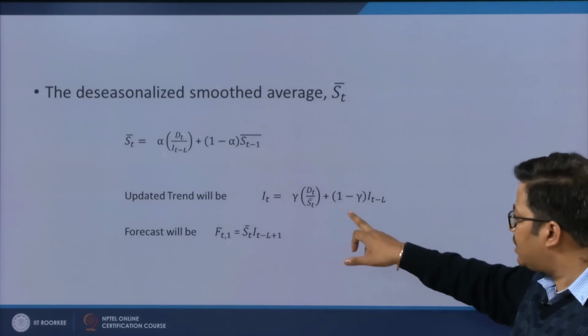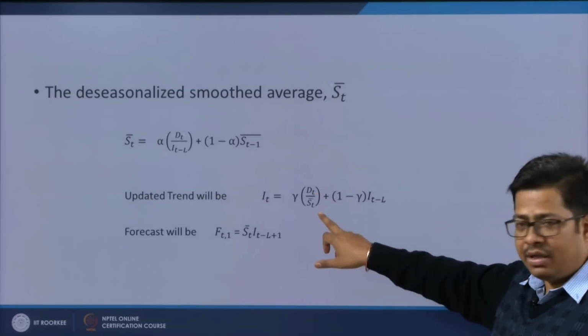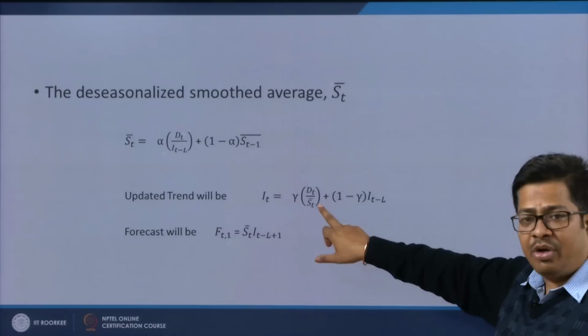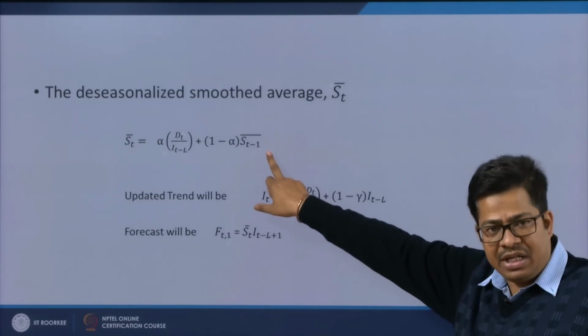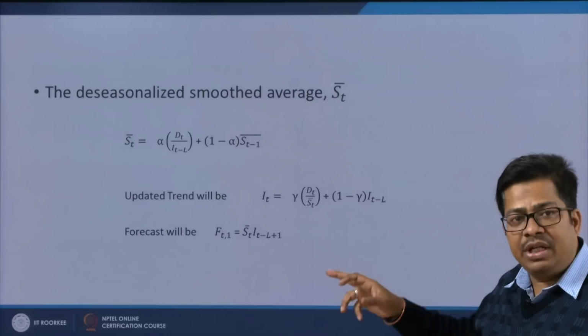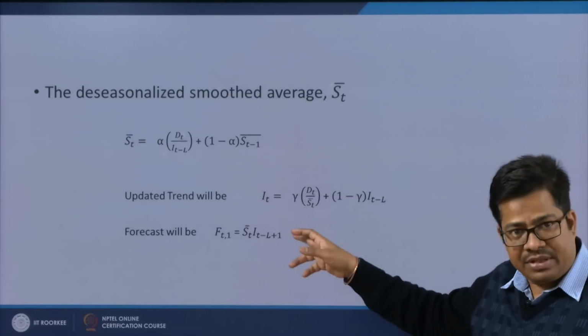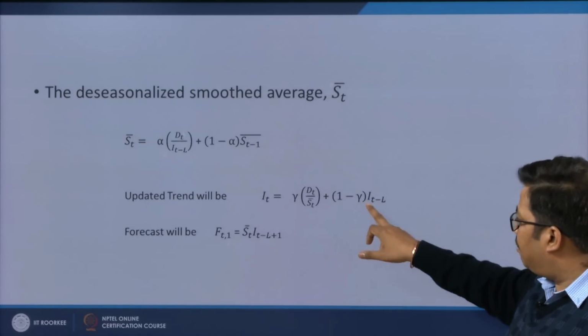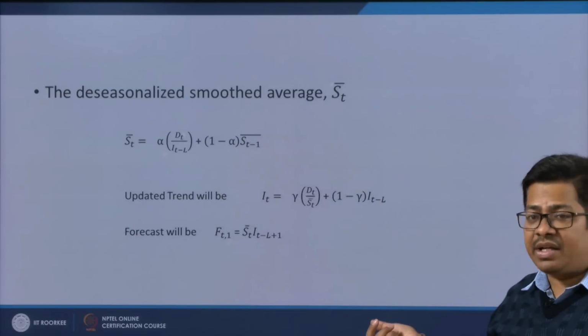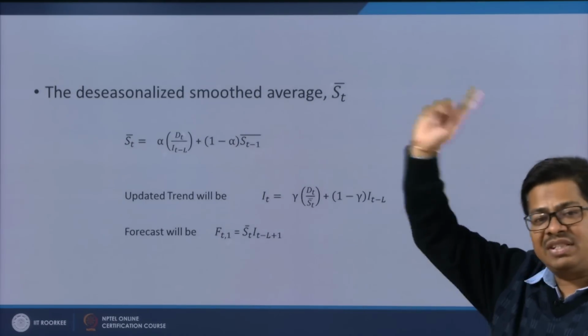Here d t upon the updated S T is multiplied by the smoothing constant of seasonality, gamma, plus the T minus L term, the seasonality index of the same period one cycle before.